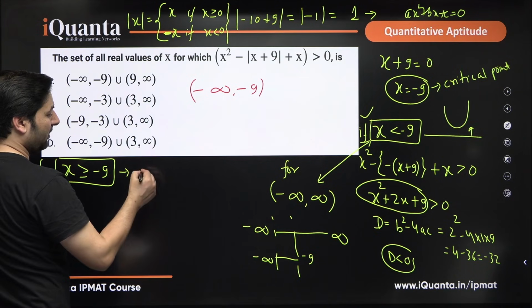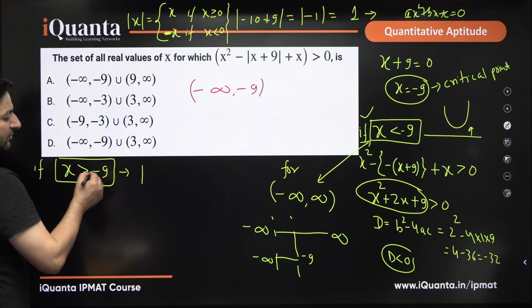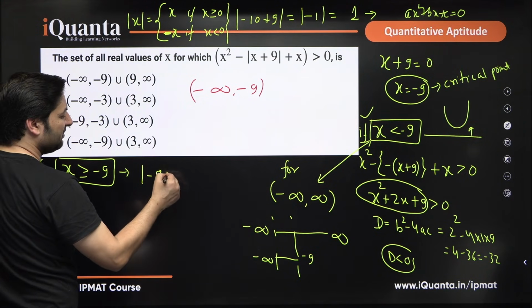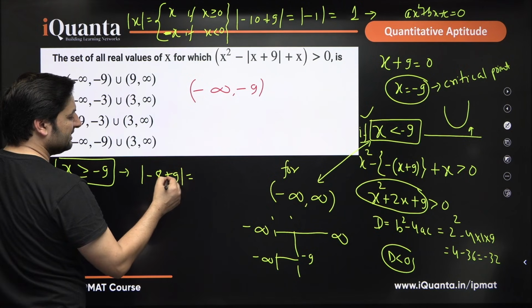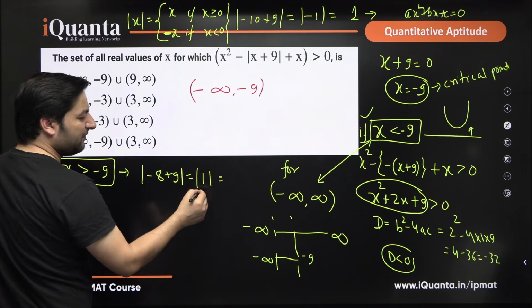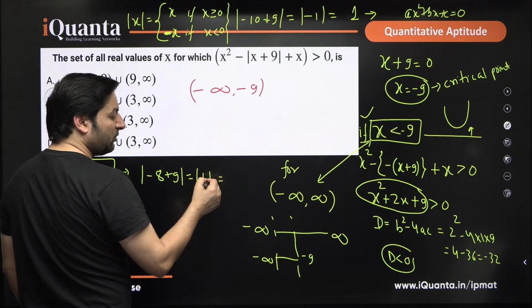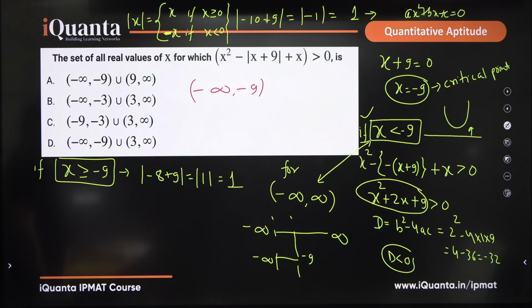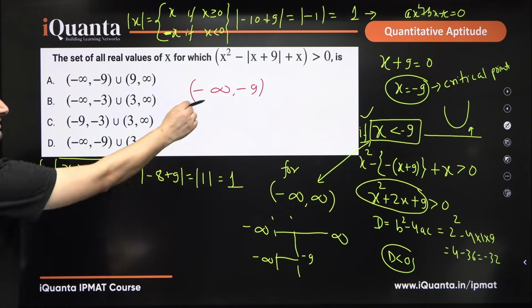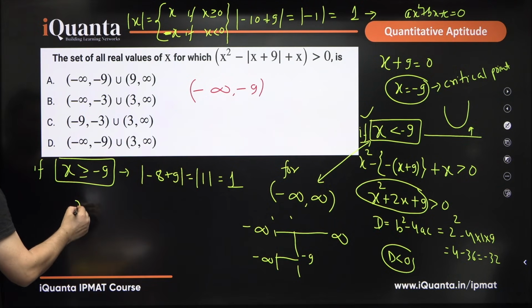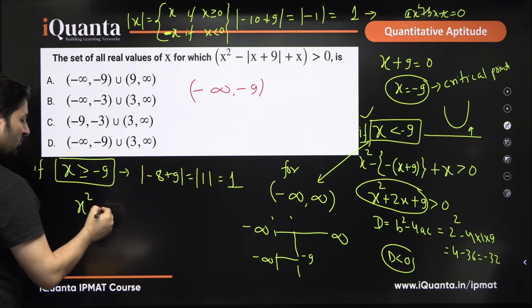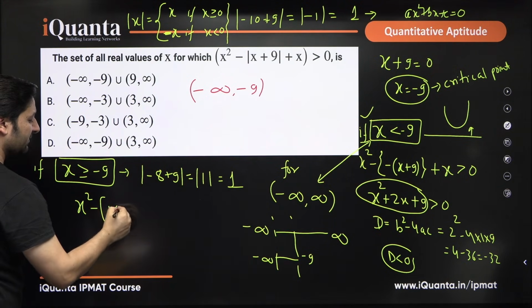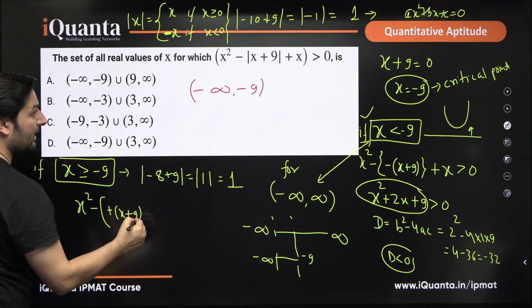And if the thing inside modulus is already positive, modulus does not have to do anything, it will simply give you positive 1. So that simply means this quantity will open with a positive sign. So x square minus this modulus opens like this, positive of x plus 9. I hope this is clear.